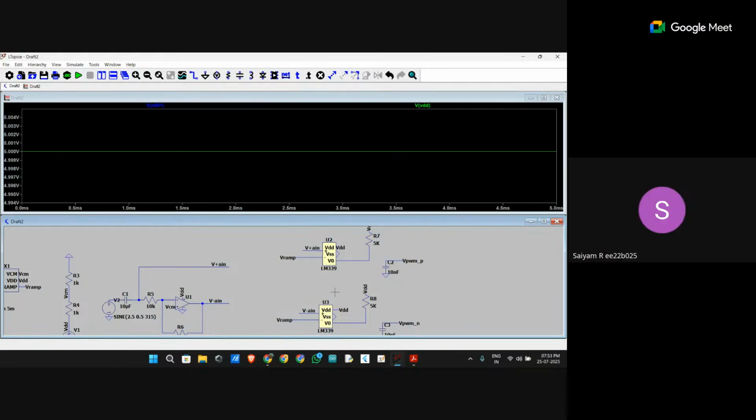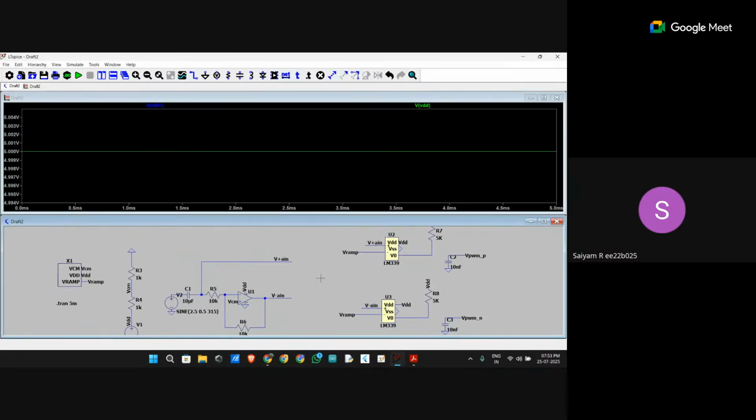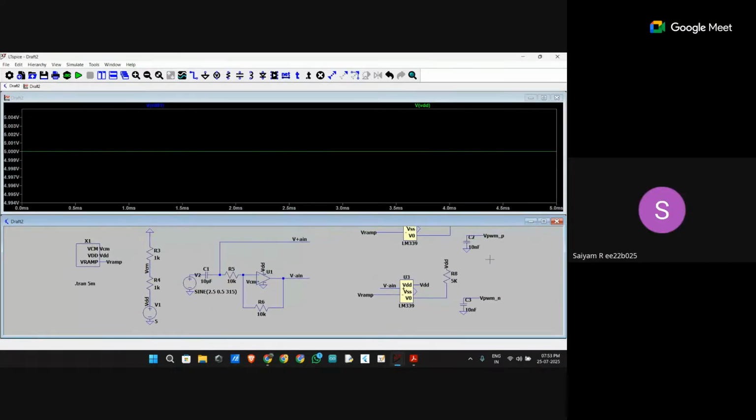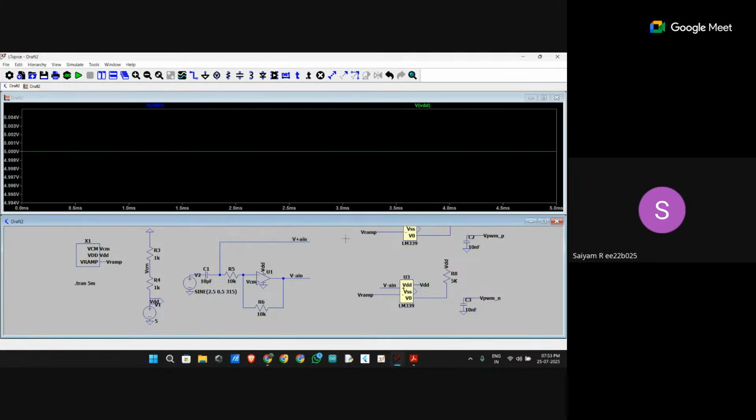Okay, maybe one issue might be that instead of naming the node as VDD, like in the V1 voltage source, you can change it to a port type and make it output.